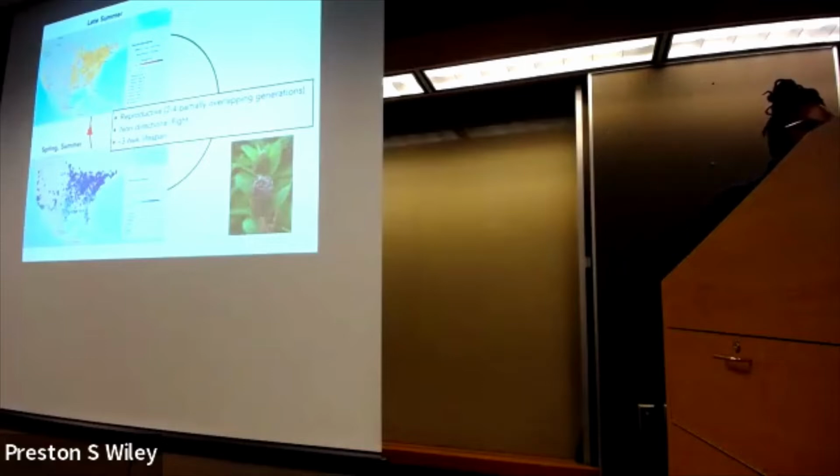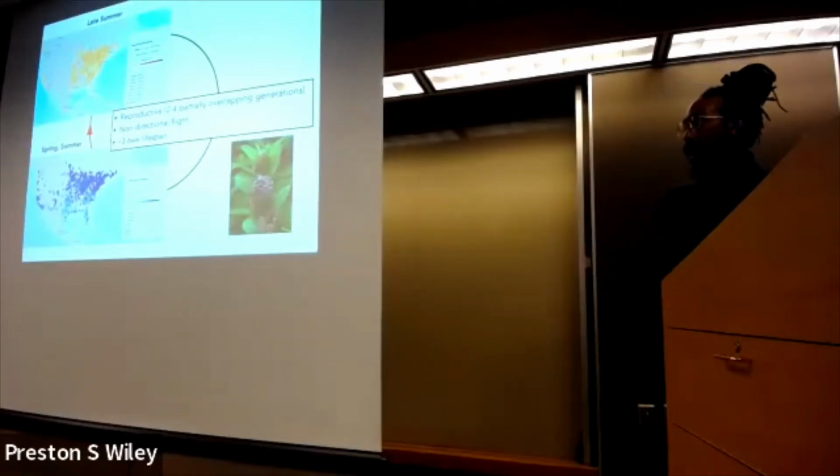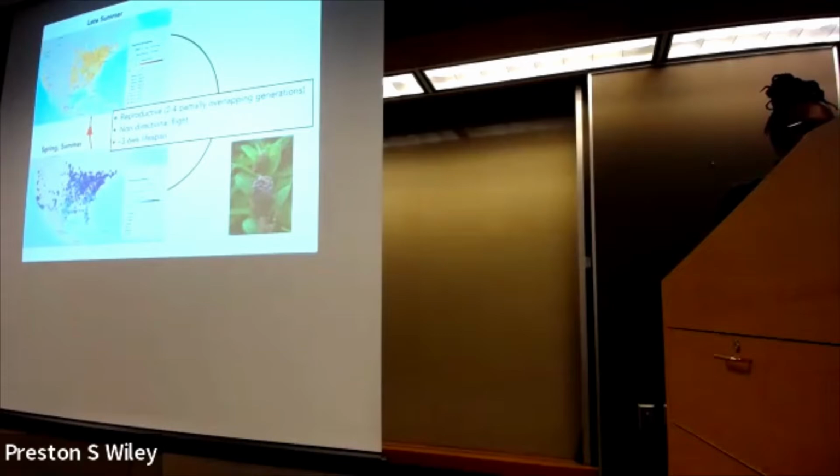They're spread across this range in spring and summer. They're reproductive during this time. They'll live a few weeks long. They are mostly looking for food and mates at this time. And that will occur over 2 to 4, depending on weather conditions, overlapping or partially overlapping generations. And in this bottom right corner is their major host plant, milkweed, Asclepias.